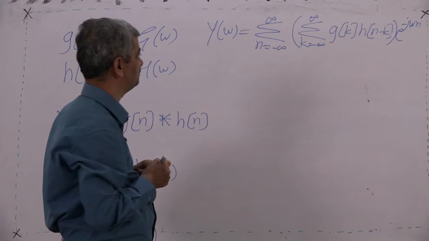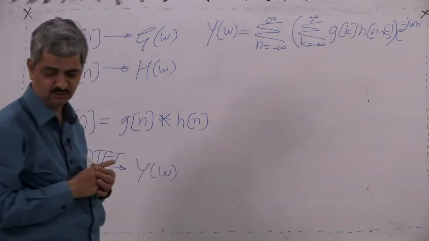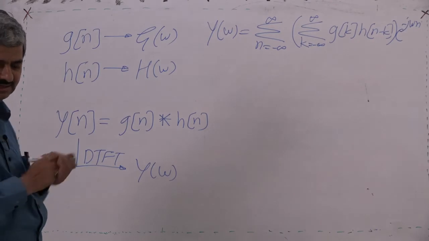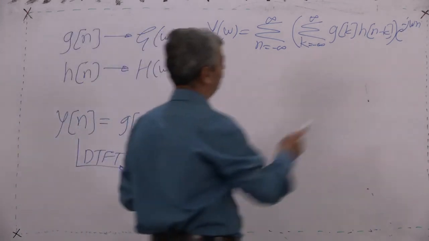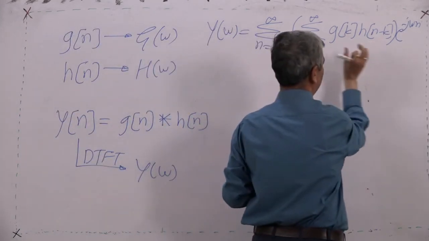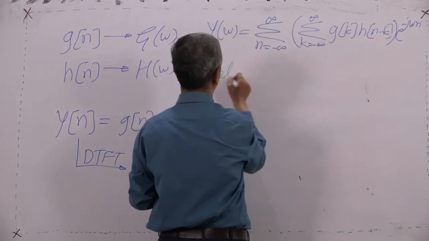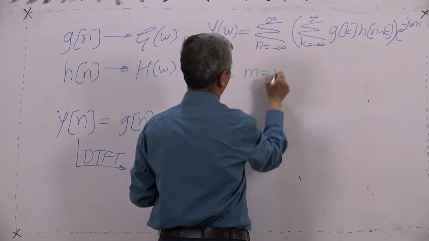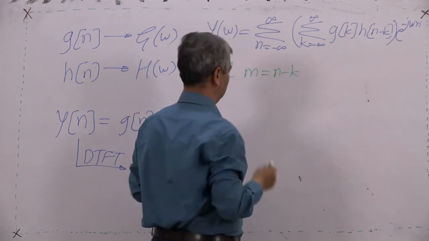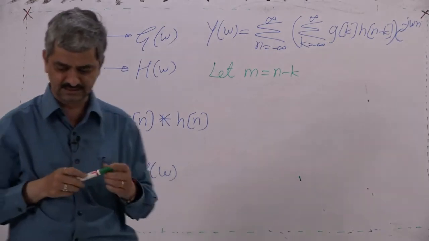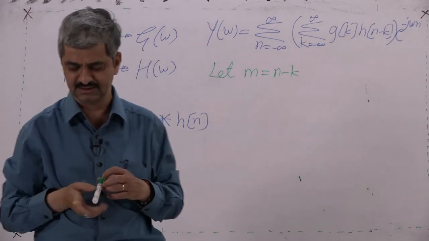We need to substitute something in an interesting manner, something we want to get rid of, some simple thing. So let m equal to n minus k.